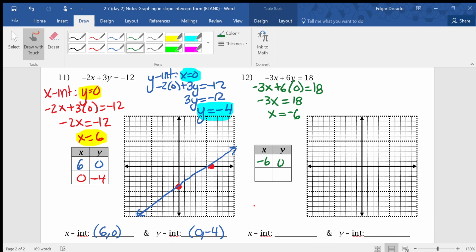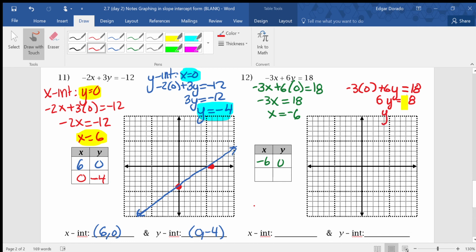Okay. For my y-intercept, I'm going to do something similar, except now I'm going to substitute in 0 for x. So I get negative 3(0) plus 6y equals 18. Well, here I just get 6y equals 18 because negative 3 times 0 is just 0.